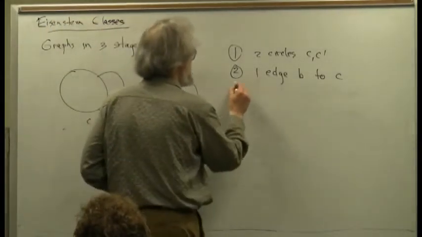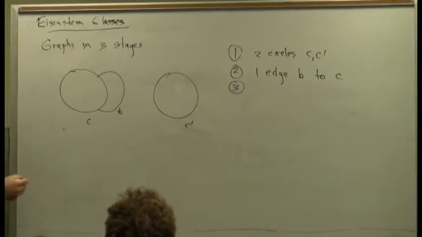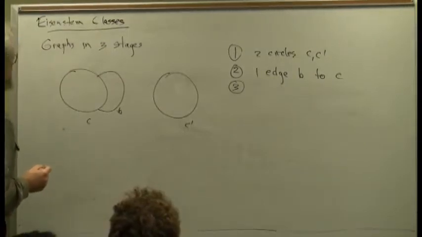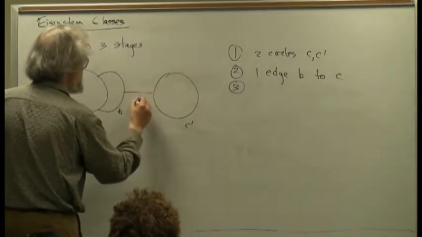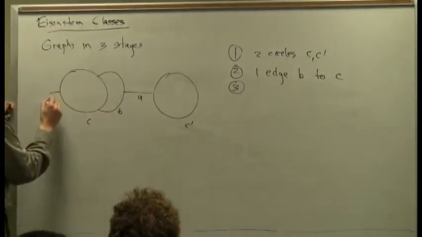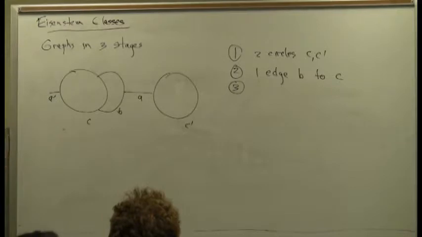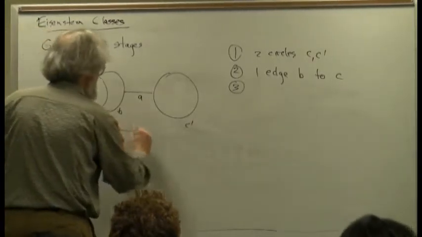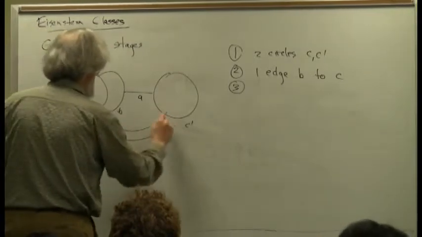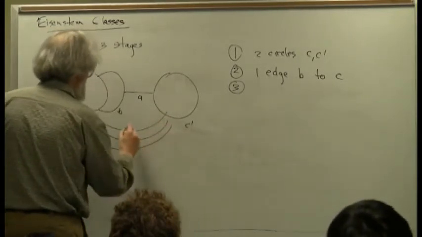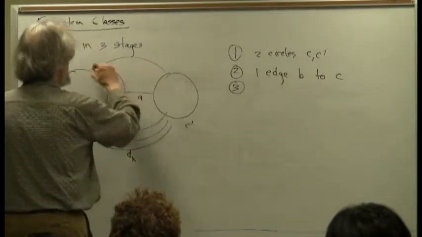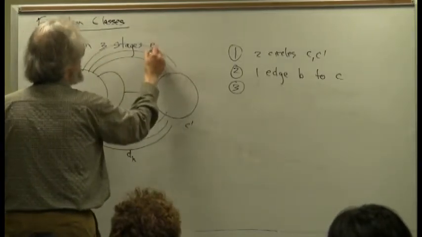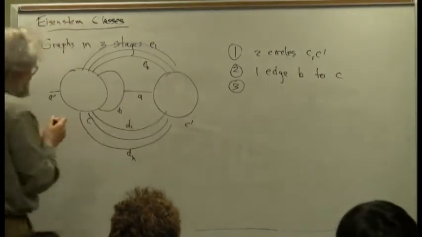Then the rest of the graph comes in the 3rd stage. There are 2 edges, A and another one just sticking out into space here, A prime. Then there are some edges that connect like this: D1 up to Dk and E1 up to Ek.